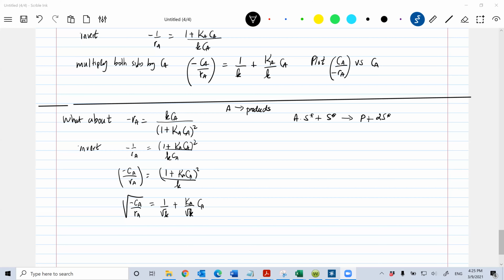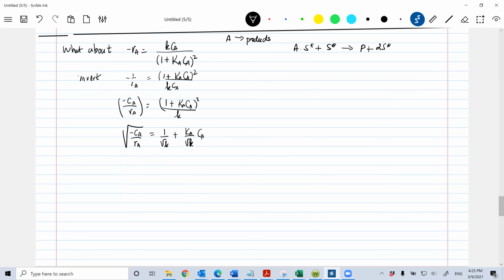So one thing I wanted to go over right now is if you have more than one reactant. This is where some of the qualitative assessments can come in. Often you don't need to fit the data completely to know what the order of the reaction is with respect to each reactant.